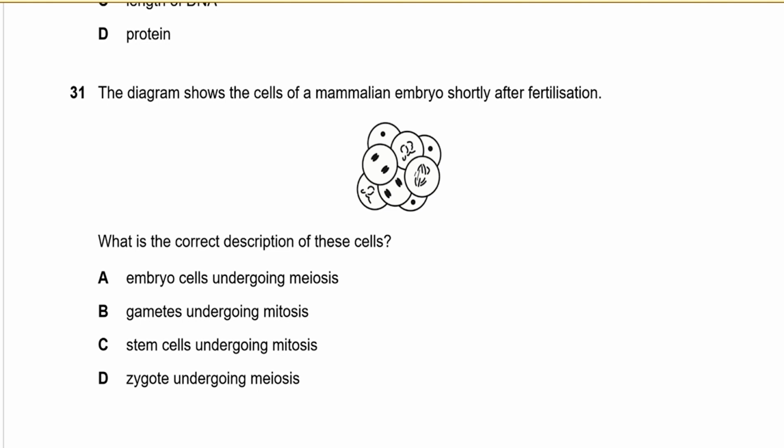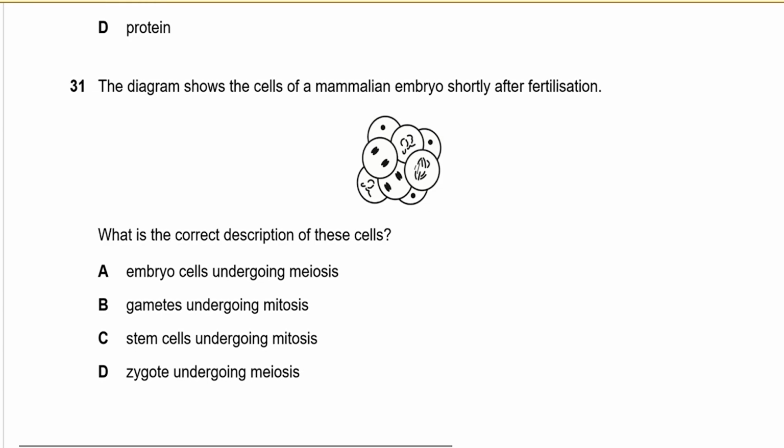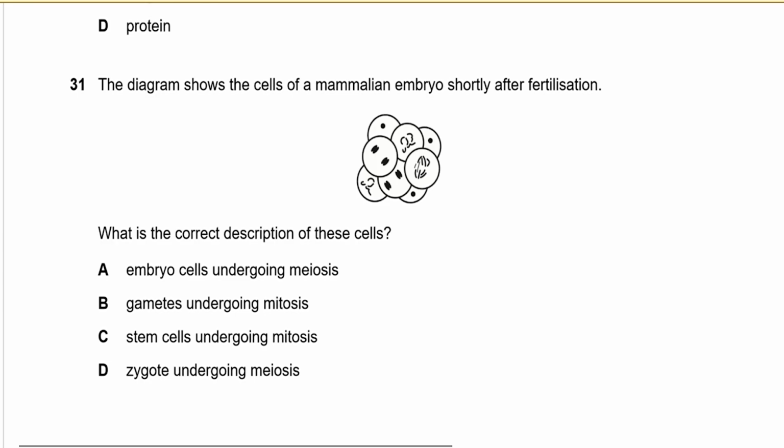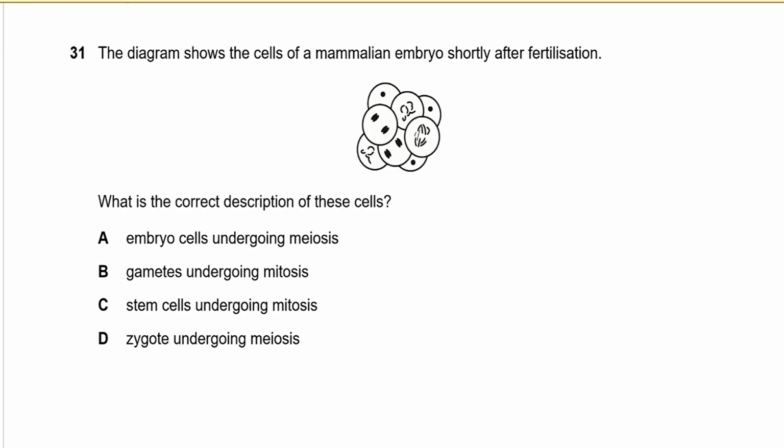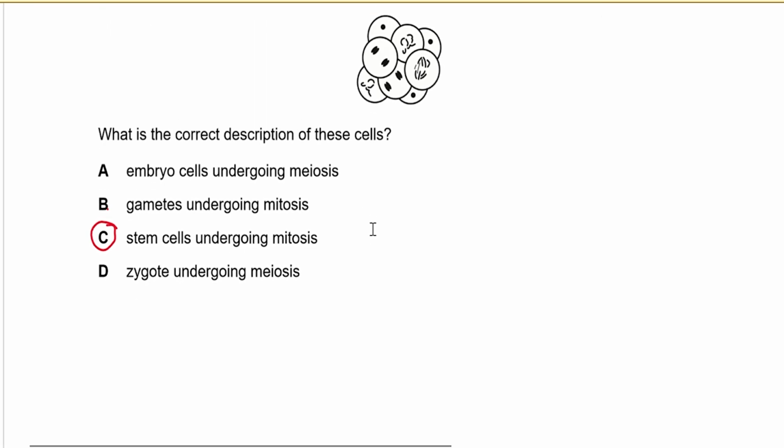But what is happening to it? After fertilization, it will keep on increasing in size till it forms an embryo, till it forms a fetus. So it is a stem cell, and what it's undergoing will be mitosis, so that it can increase in number. So this will be C, stem cells undergoing mitosis.